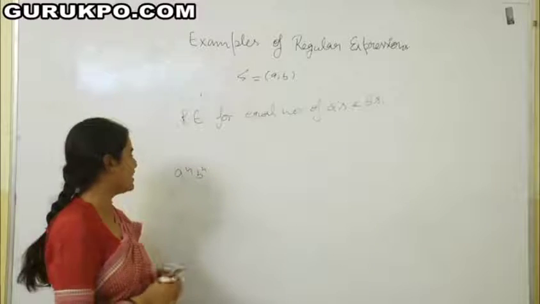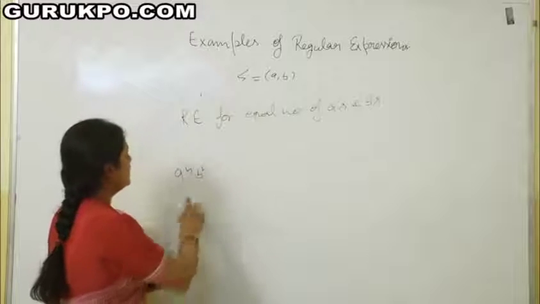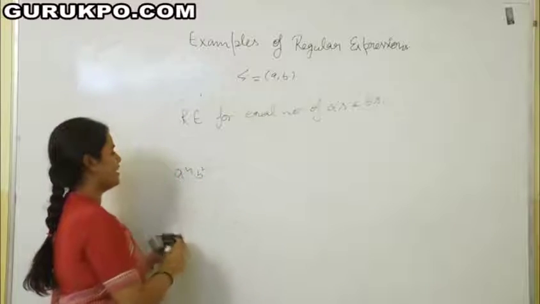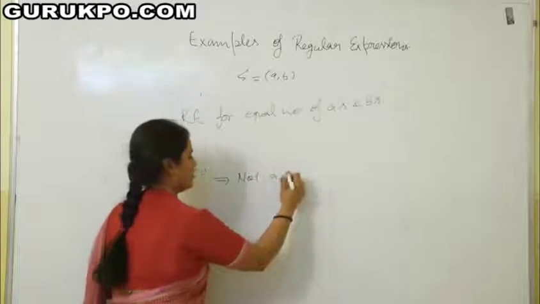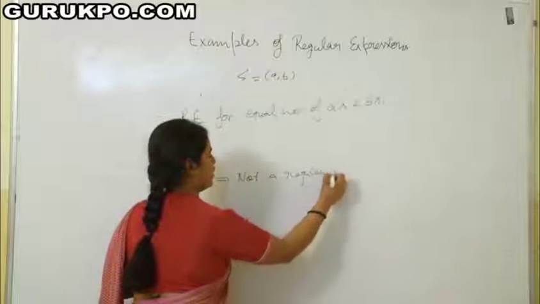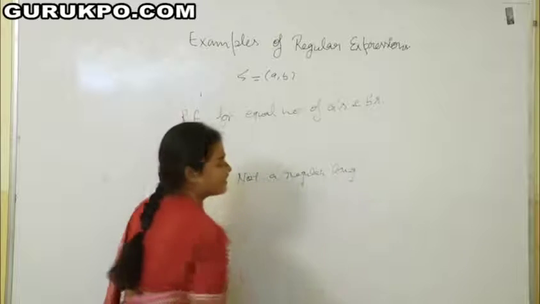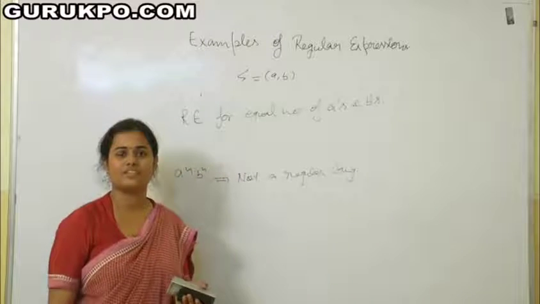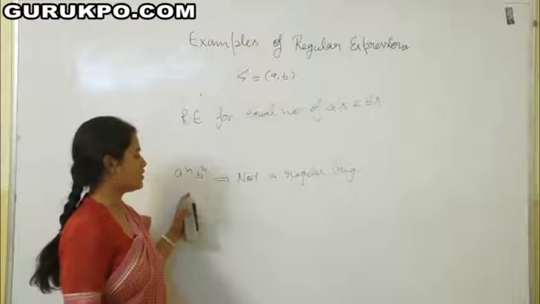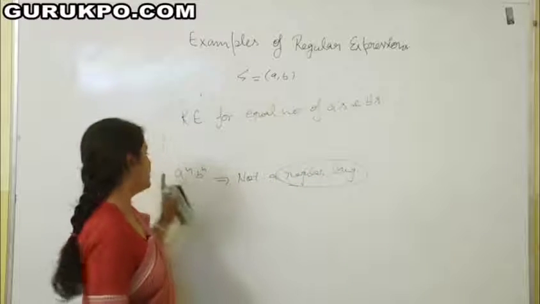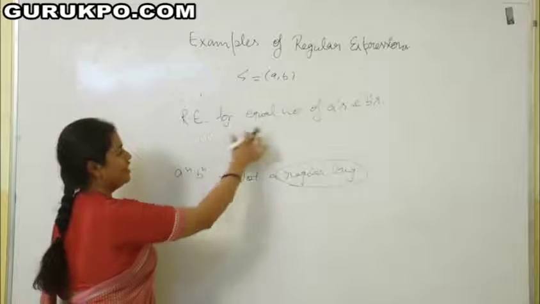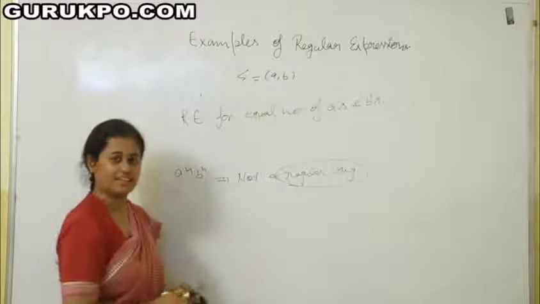We cannot write the regular expression because a^n b^n is not a regular language. We can write regular expressions only for regular languages. We cannot write down the regular expression for strings having an equal number of A's and B's.